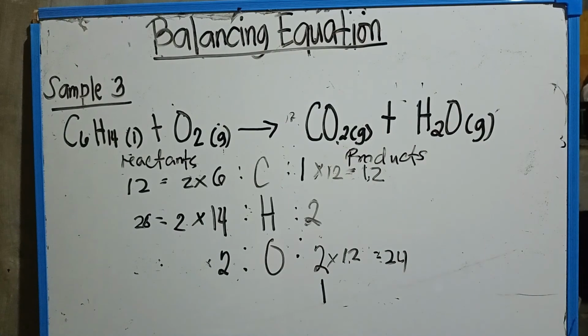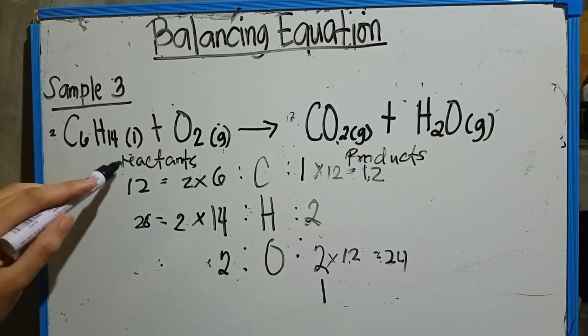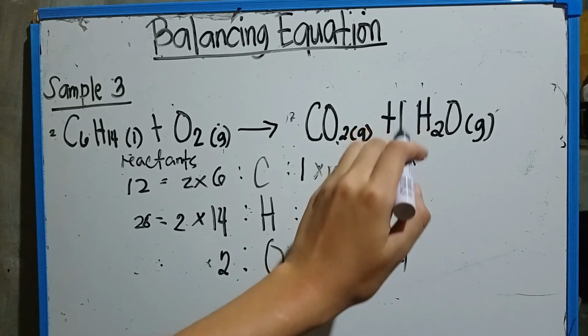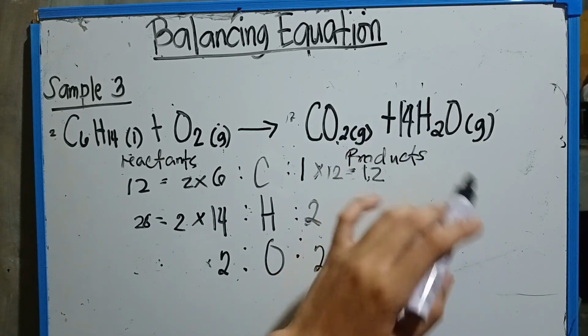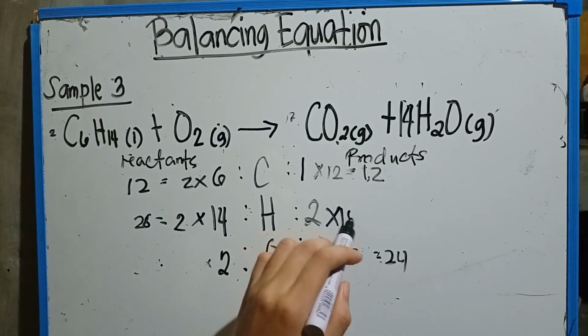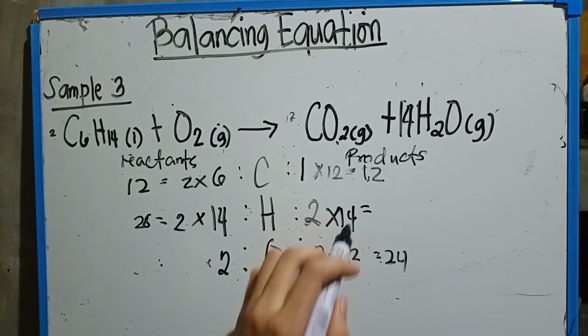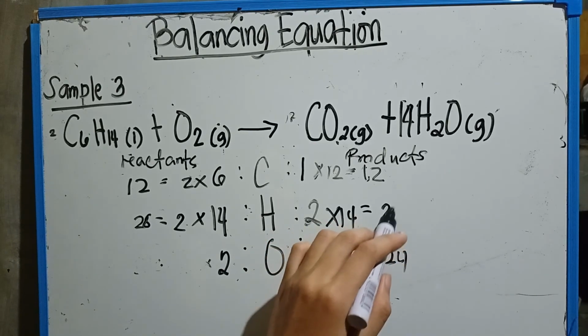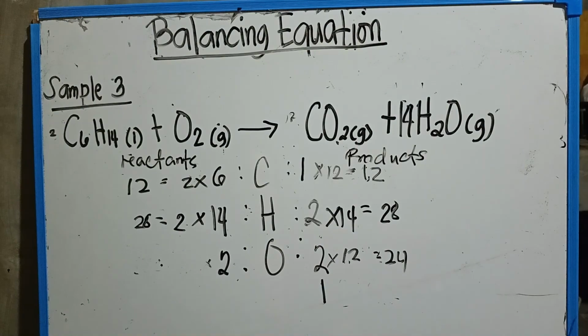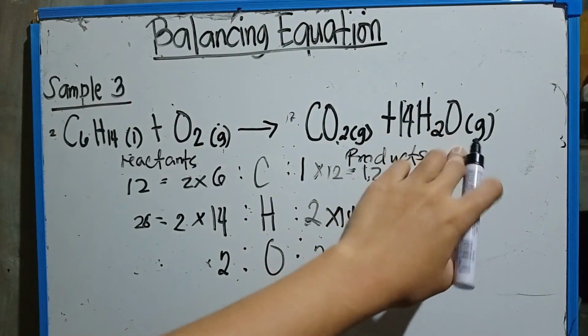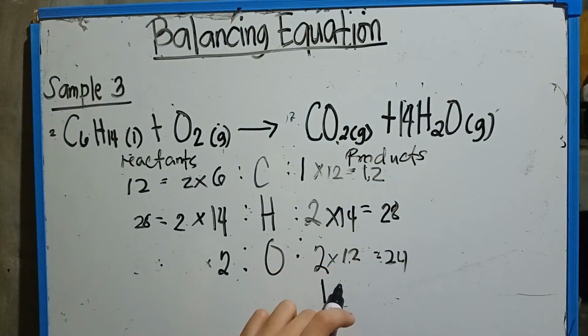So, next, the hydrogen. So, why not? We use 14. Because if 2 here, then 2 times 14 is 28. So, use 14. 2 times 14 becomes 28. So, it is balanced. Now, 14 times 1.